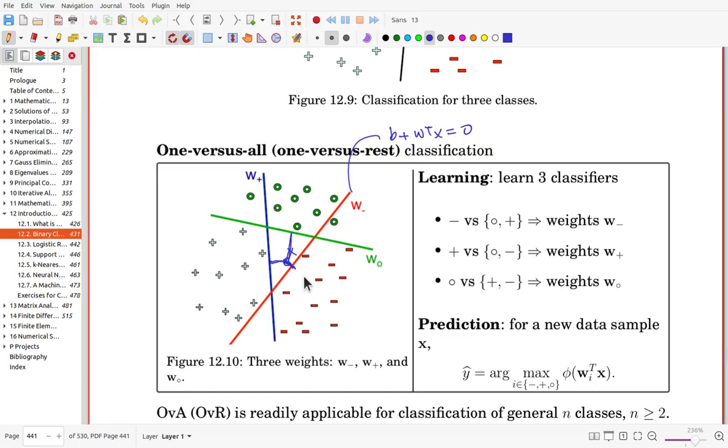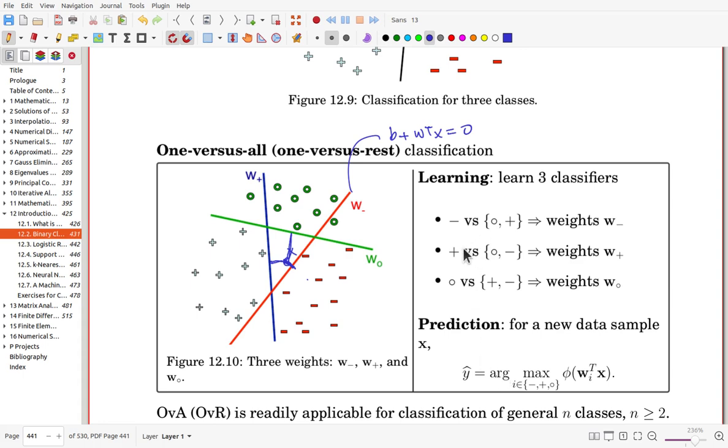Okay? So by using such a mathematical tool, we can do multiple class classification with one versus all, or one versus rest. In the modern machine learning society, multi-class problems are being solved in this way.